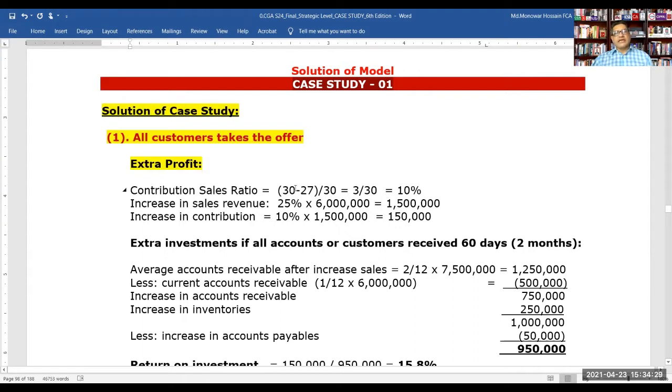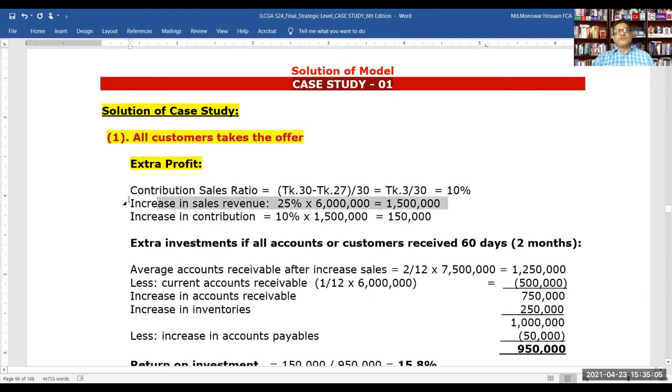30 taka is the sale price, and 27 is our variable cost, 3 taka is our margin. So a 10% contribution sales ratio. Increase in sales revenue, 25% of 6 million, that means 1.5 million.